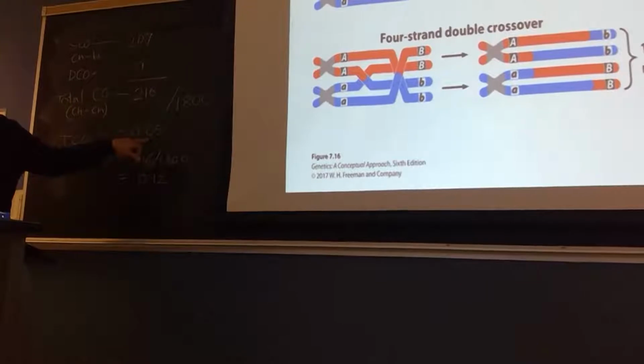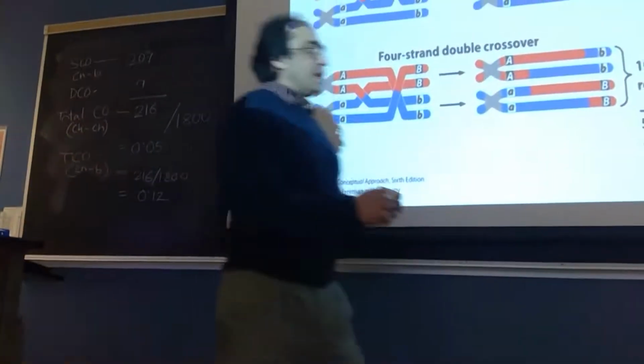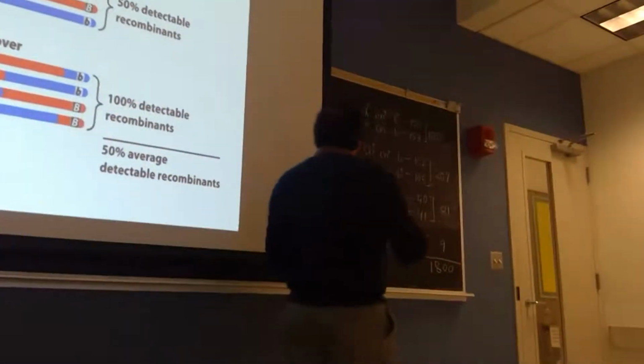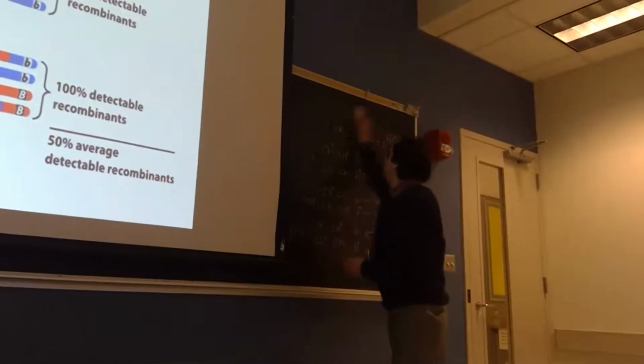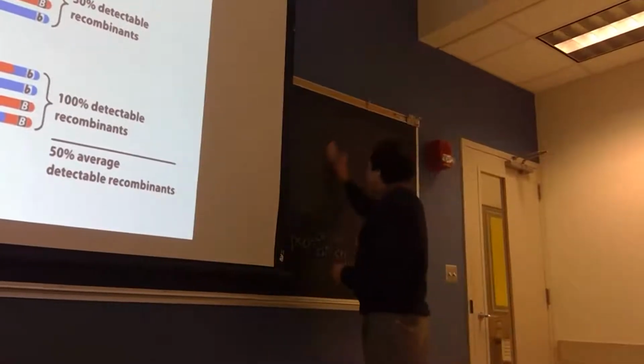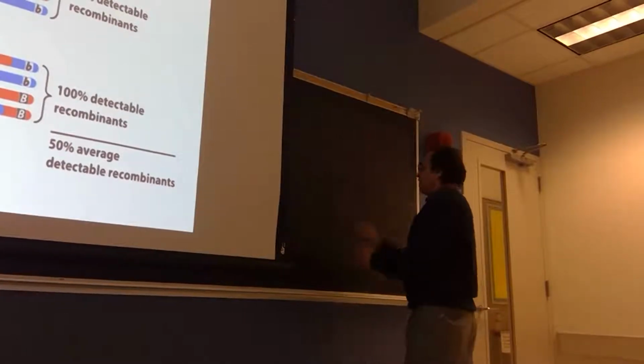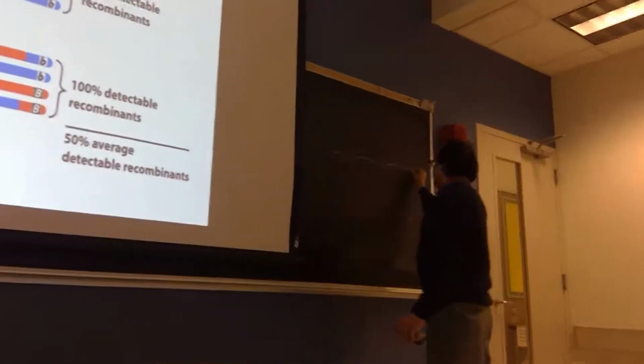Now we need to construct the genetic map. Okay. So this is the map unit. Construct the map. This is the map.